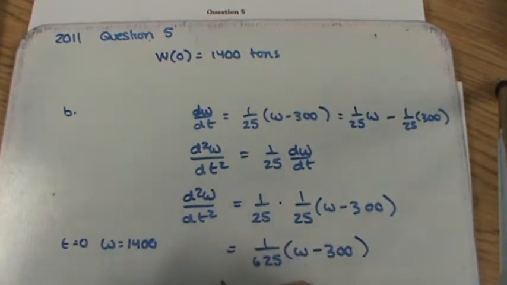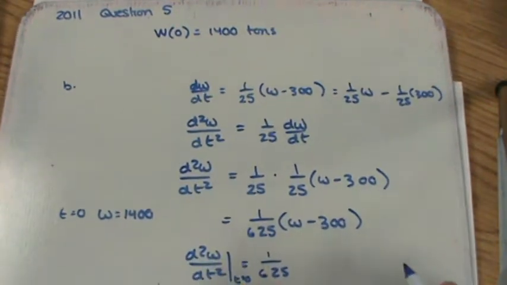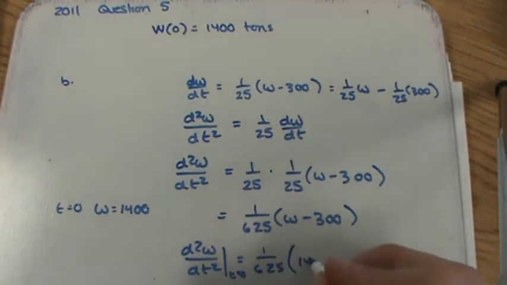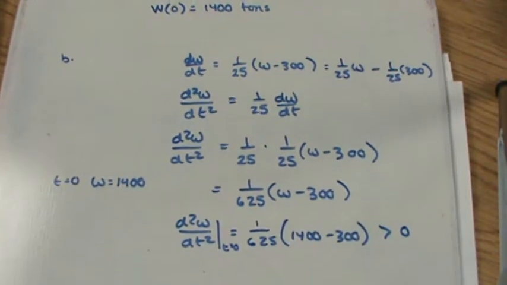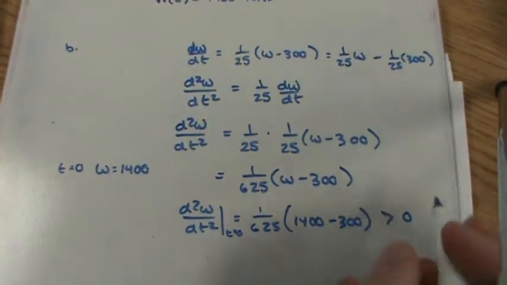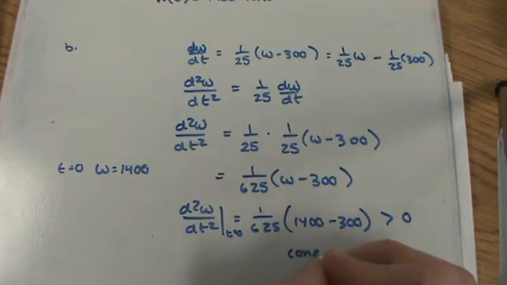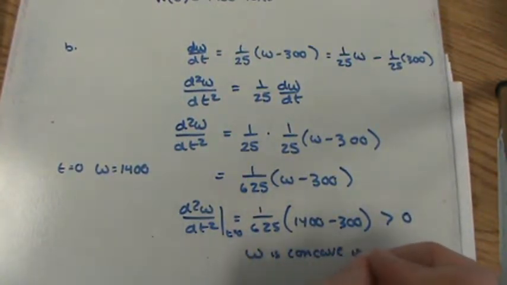If I put that in for W, I get a positive number. This is going to be greater than 0. Since that's greater than 0, we know that it's concave up. So W is concave up.